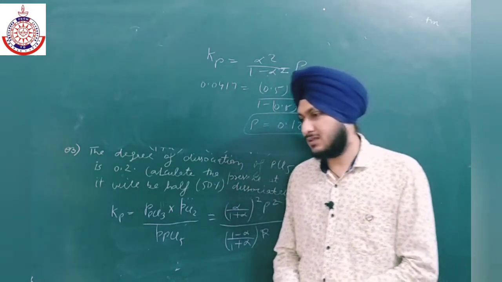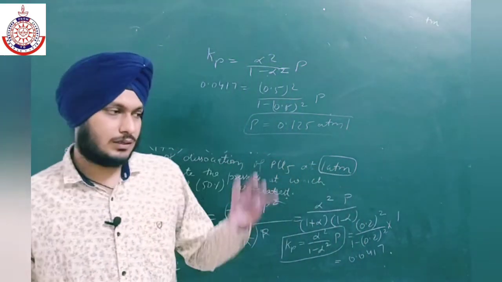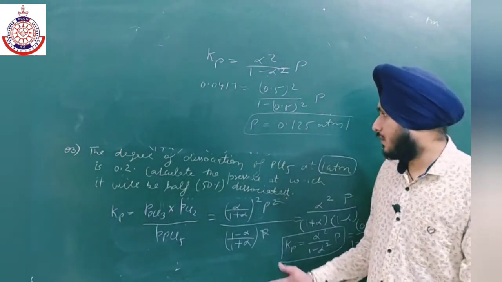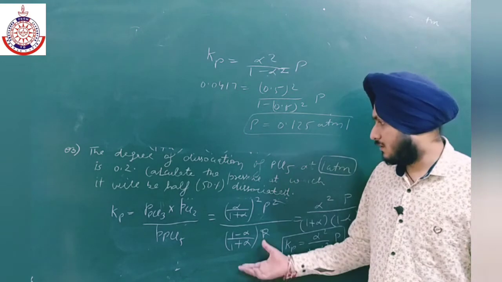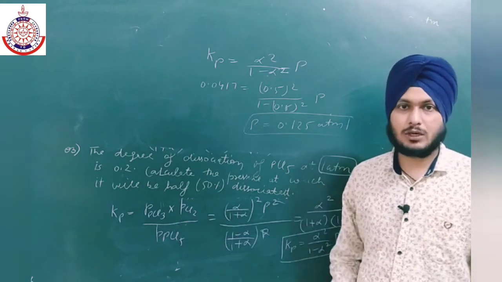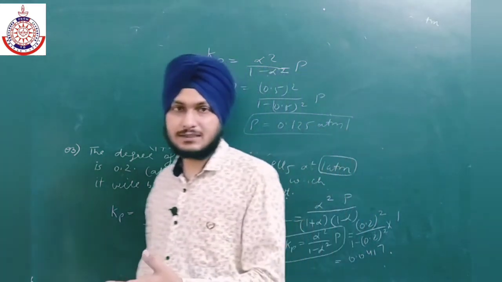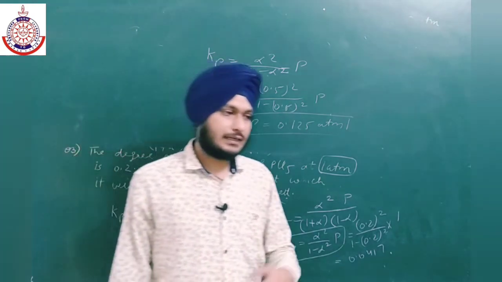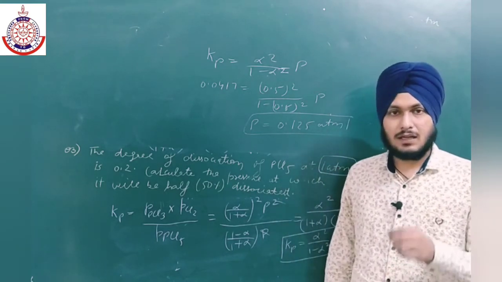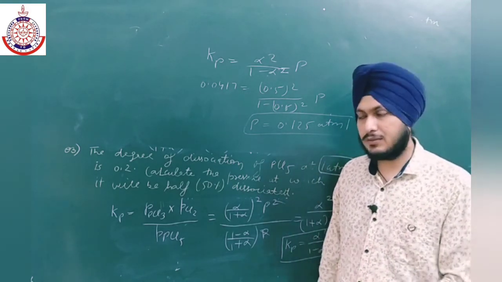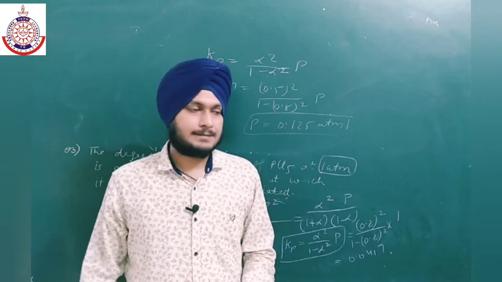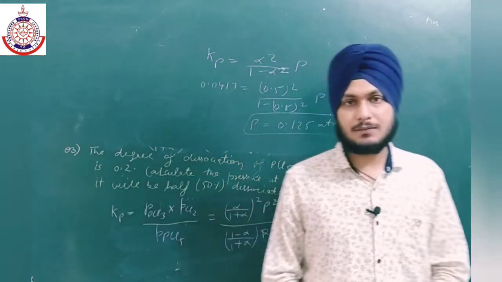You can take any book to solve numerical problems related to the degree of dissociation, or to calculate the Kp and Kc values, or to check the feasibility of a reaction, whether it will go in the forward or backward direction. The numericals are so easy. If you know the whole concept, you will get the answer within 5 minutes. So this much is all about the numerical problems.